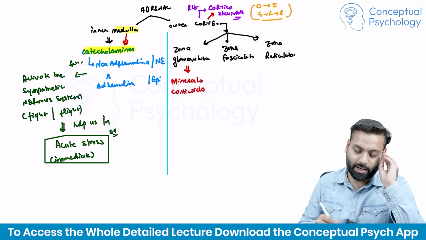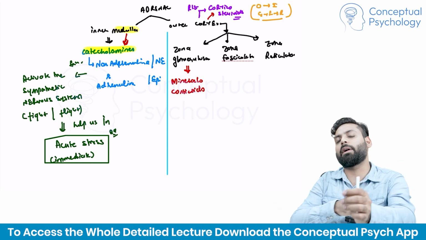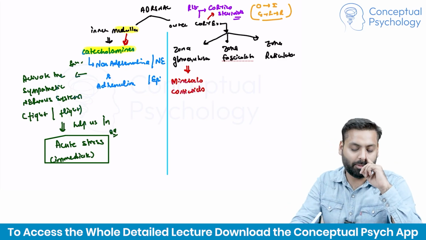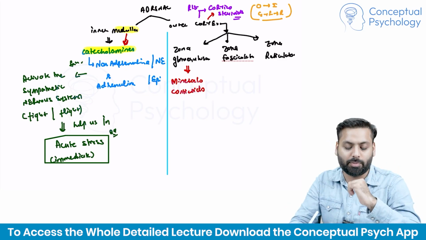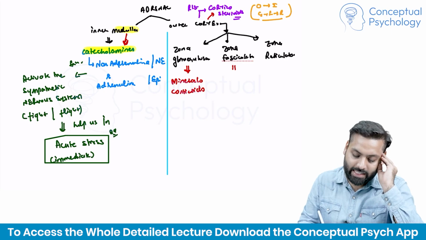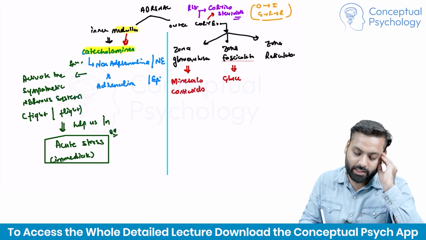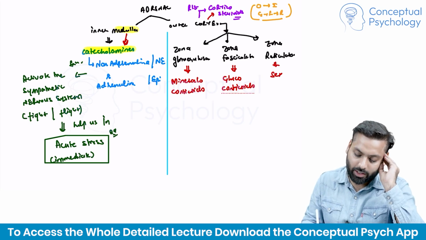These terms can be tough for you, but never mind, this will help you in the exam. Zona glomerulosa releases mineralocorticoids. Zona fasciculata releases glucocorticoids. And zona reticularis releases sex steroids.